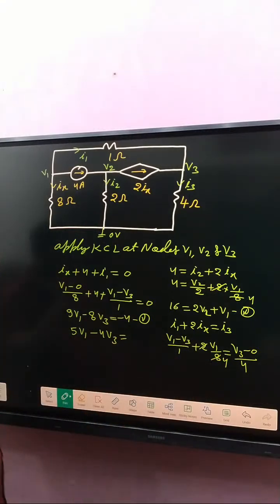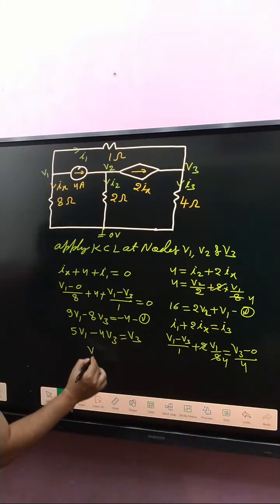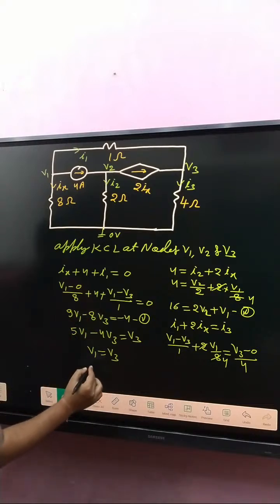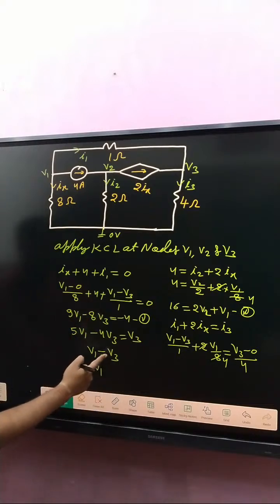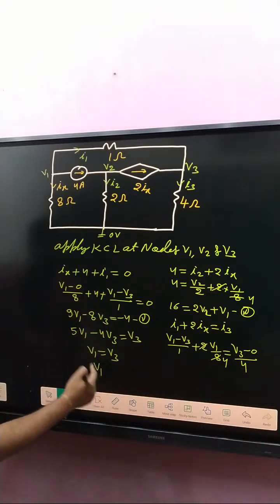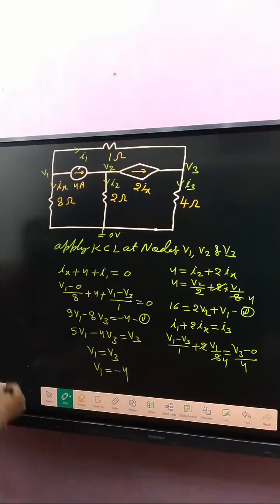So that is V3. It means V1 is equal to V3 after solving. So that value put here, then we get finally, V3 is equal to V1, so 9V1 minus 8V1, that is simply V1 is equal to minus 4.